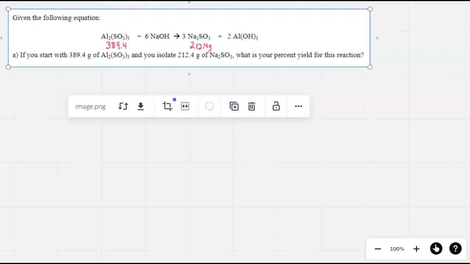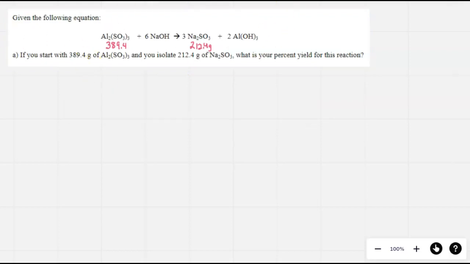So what I'm going to do is start with the stoichiometry.